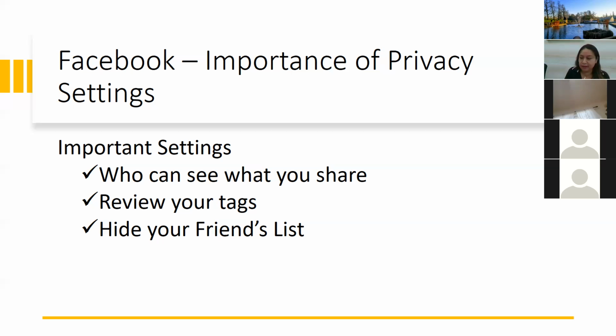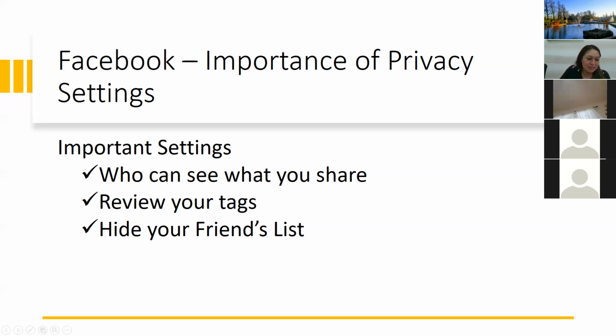So with that said, here I have 3 important settings that I highly recommend that, in the event you guys have not really looked into it, you take some time after the session or sometime between this week and the next to see if you can set up these security settings on your Facebook application, right?